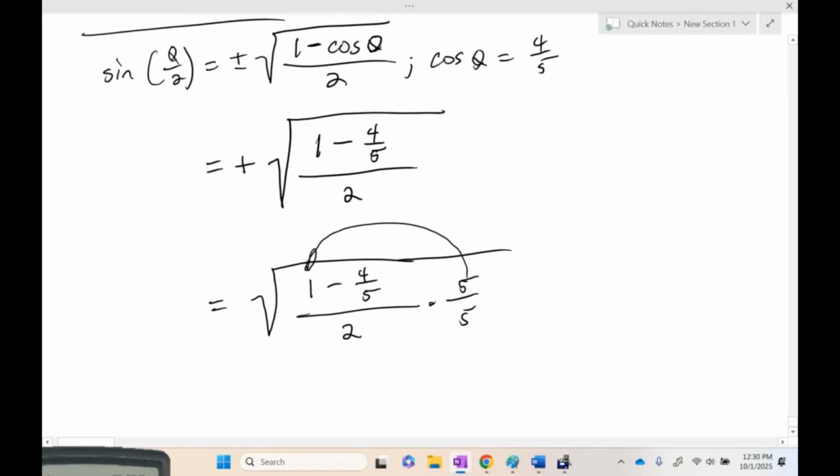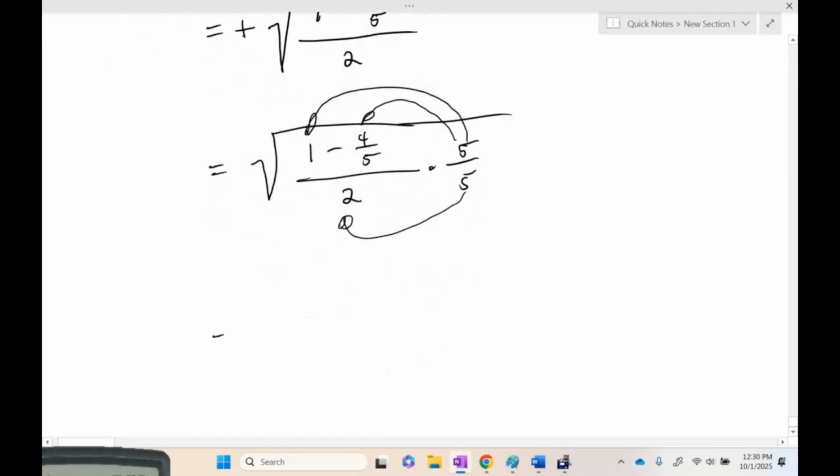So in the numerator, we have to distribute. So remember, this is all under the square root. So 1 times 5 is 5 minus 5 times 4/5. Those 5s are going to cancel. That's going to give us 4. And in the denominator, 2 times 5 is 10.